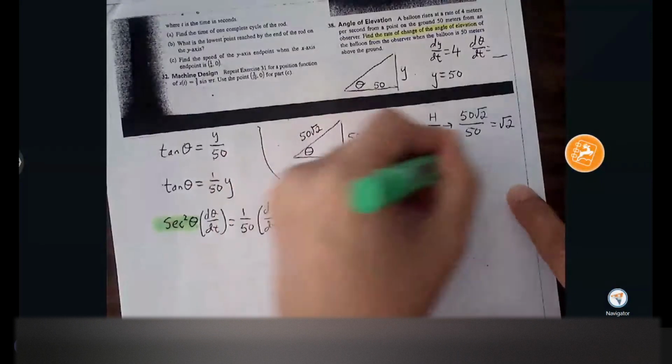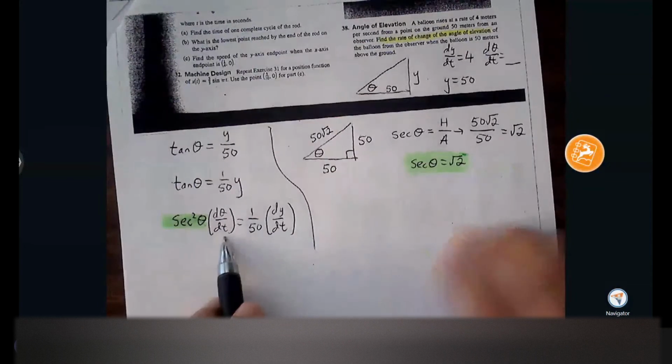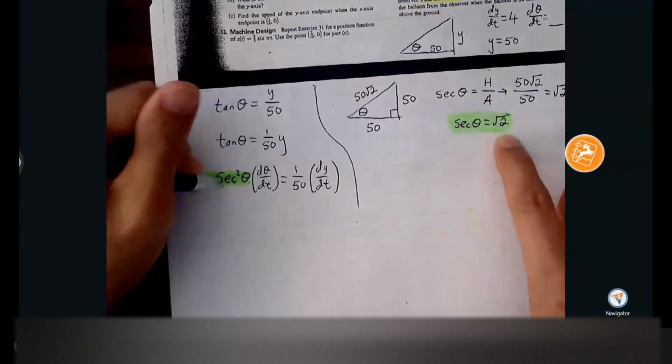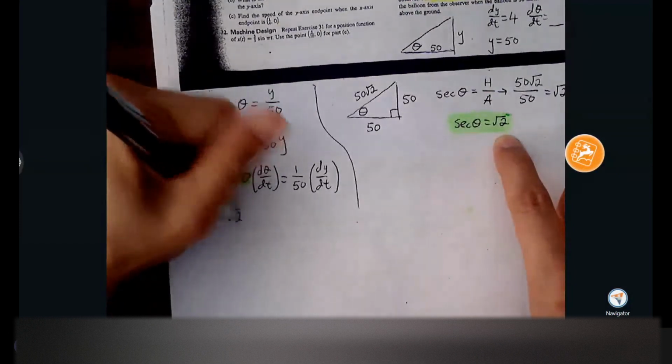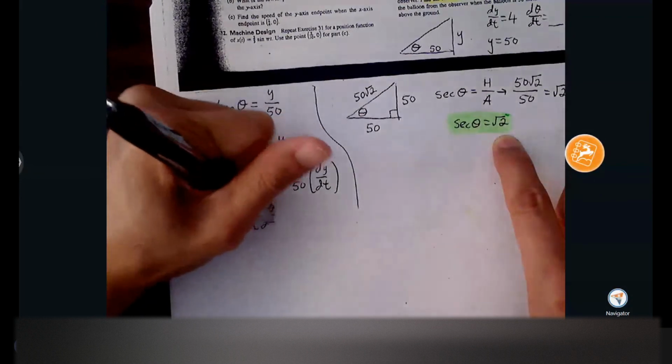All right, we should be in the clear now. Everything that we need, we found. So we can solve for d theta dt now. Secant gets replaced with root 2, and I'm going to square that. Dy dt gets replaced with 4.